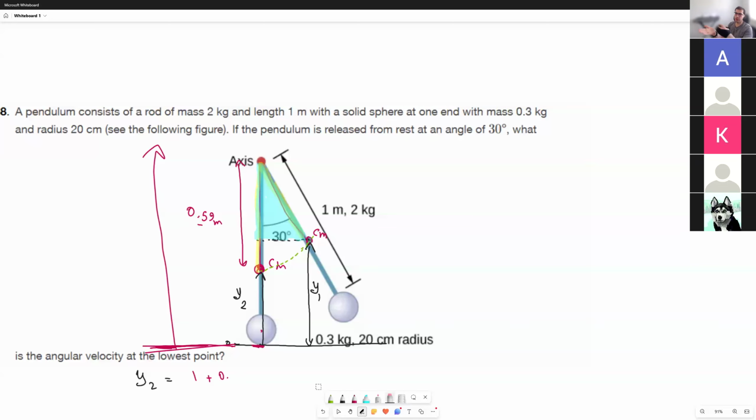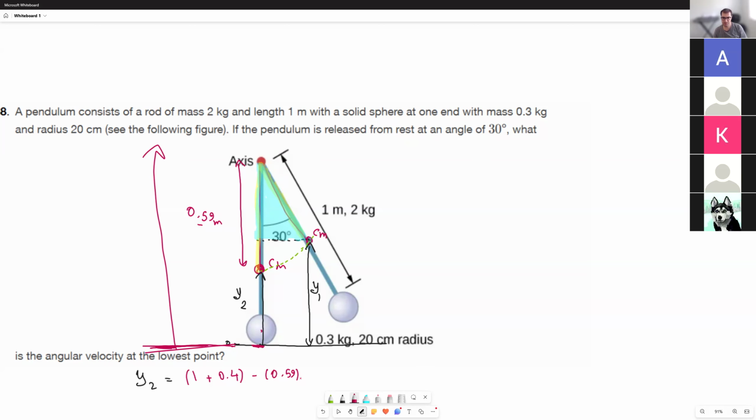It's up to you. If you want to consider from the center, you can draw this vertical line from the center. That's totally fine. I drew it from the bottom of the circle, so I have to make it 0.4. So 1 plus 0.4, I should take out how much out of it? 0.59. Exactly.